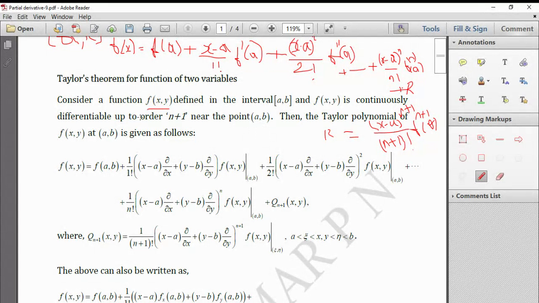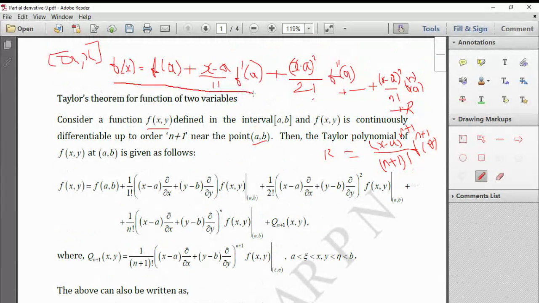So all the partial derivatives exist up to the order n plus 1 near the point a comma b, open interval a comma b. Then the Taylor polynomial of f of xy at a comma b is given as follows. In the same lines as defined before, we are defining this one.